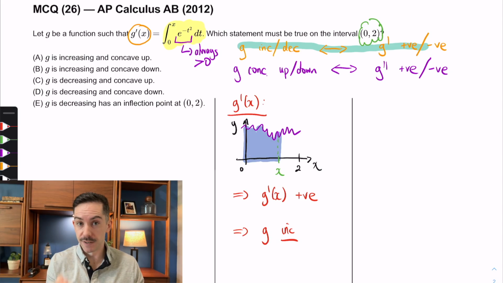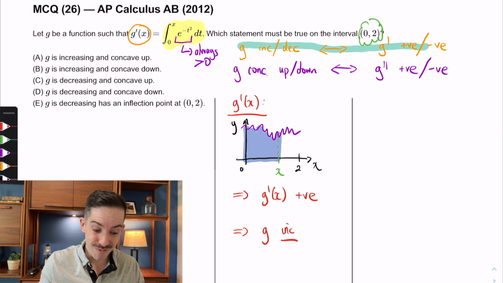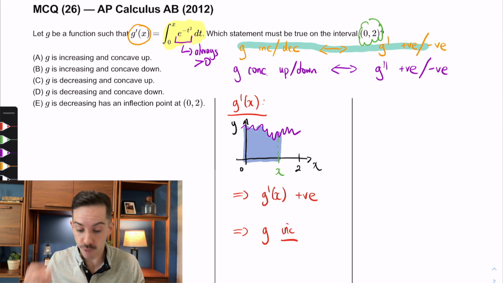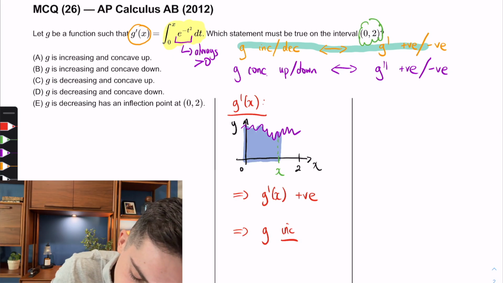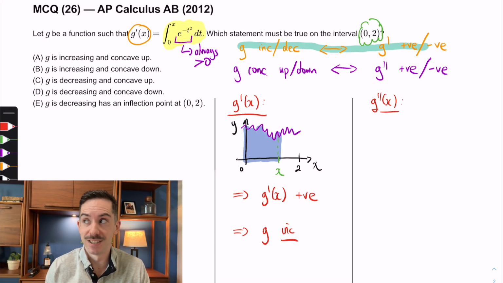So we figured out g is increasing. Now we need to figure out whether or not g is concave up or concave down. That will fully answer the question for us. So for the second derivative, all I want you to remember is the second derivative is the derivative of the first derivative.